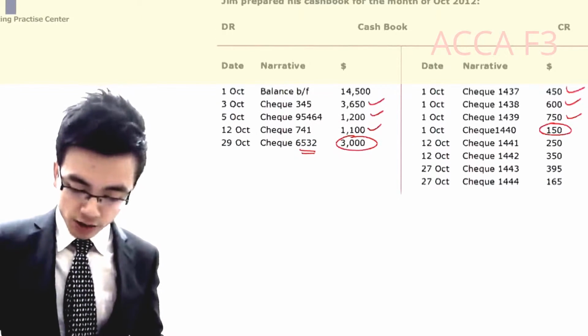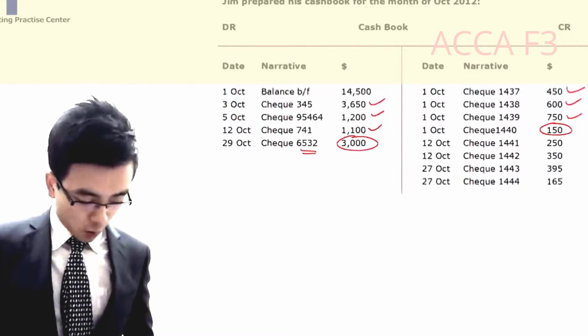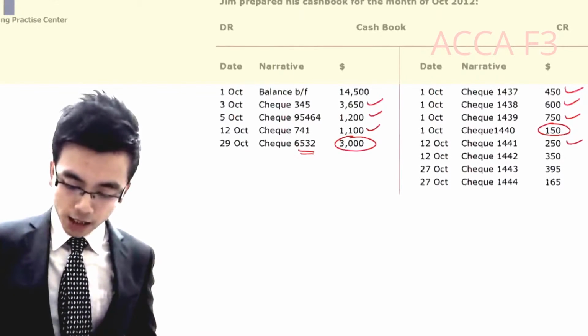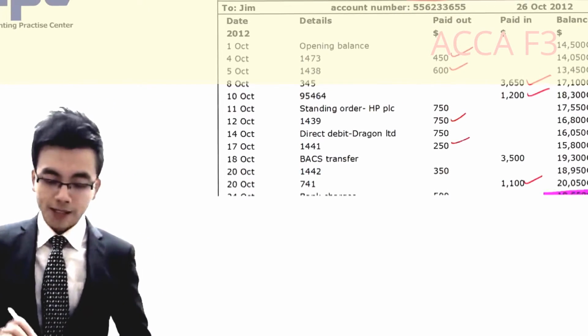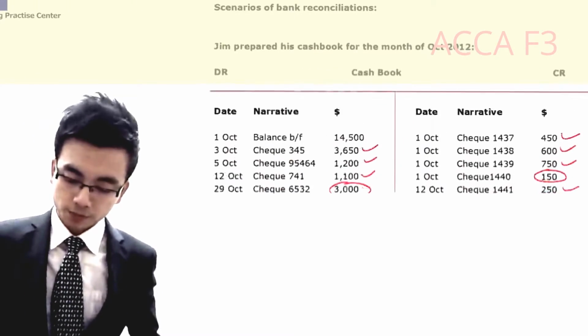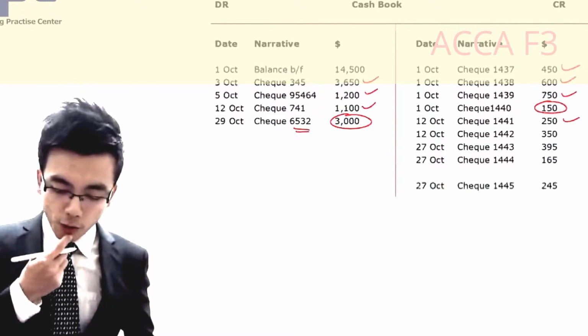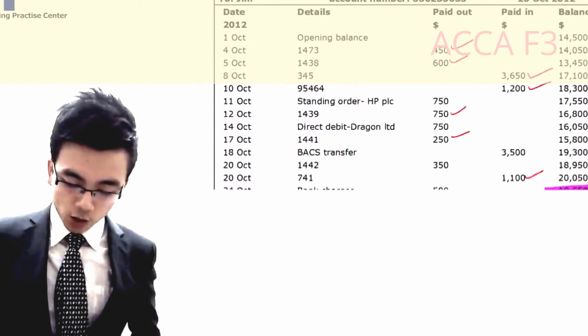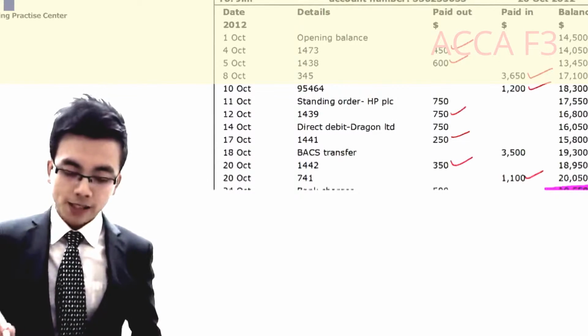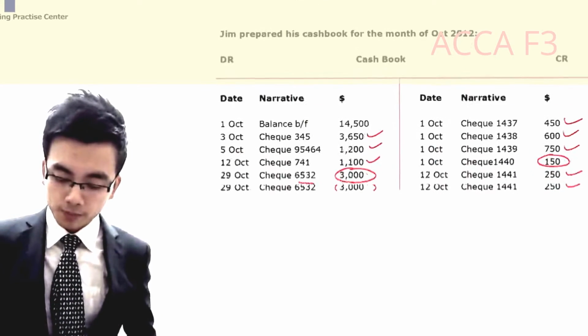Also we have got check 1441 for 250, and we can trace that back in the bank statement. That'll be no problem. Also we've got 1442, which is 350. Of course, we can trace that in our bank statement, no problem.